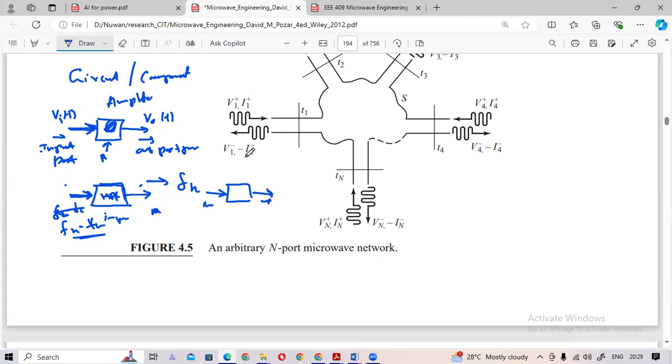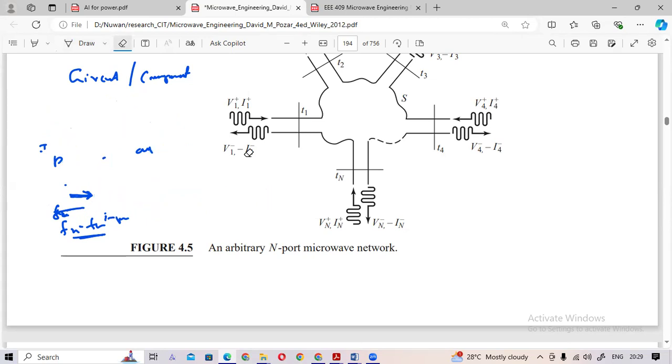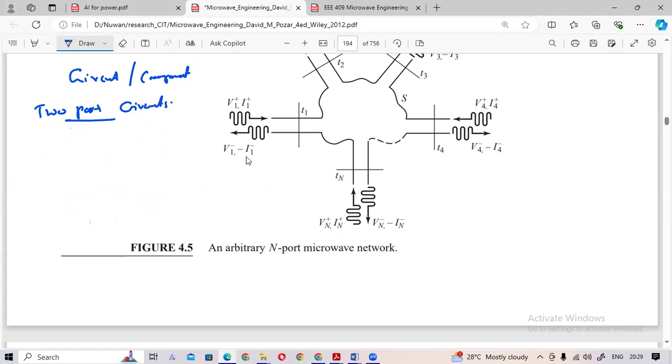This kind of component or circuit is normally known as a two-port network or two-port circuit.